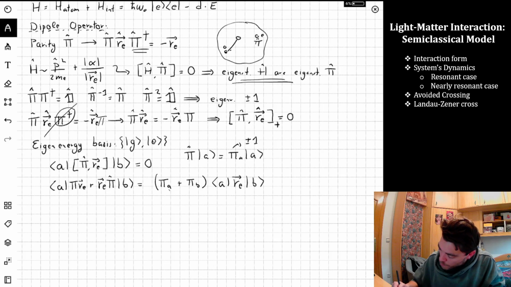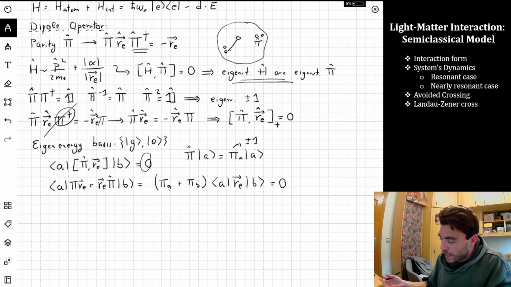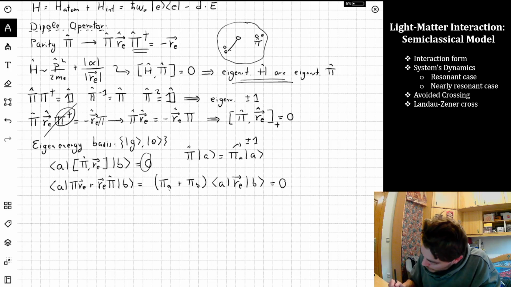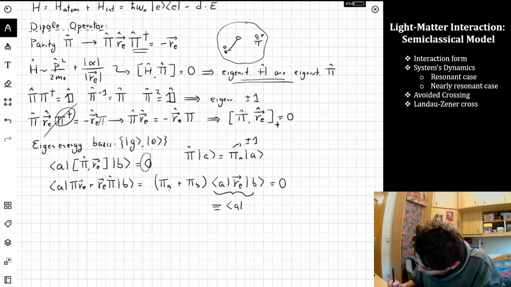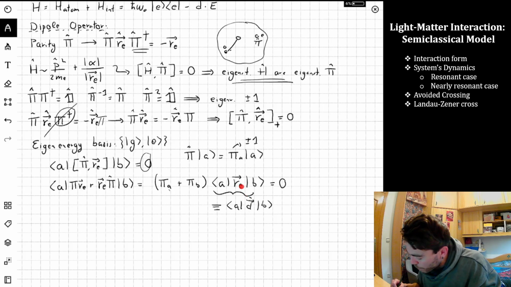But all of this, remember, is equal to 0. So now let's see what this means. This thing here is exactly equivalent to the dipole moment, right? Because the dipole moment in essence is this separation between charges. So this is how the structure of the dipole moment is.